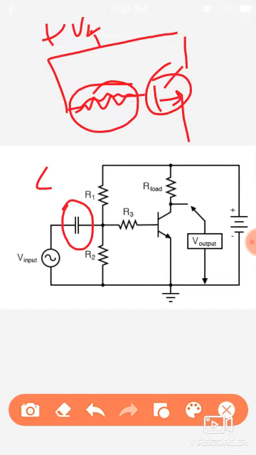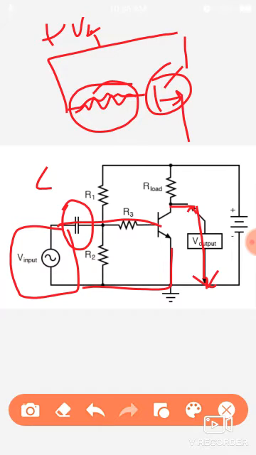So the input voltage is given between the base and emitter of the transistor, and the output voltage is taken across the load resistance, V output.